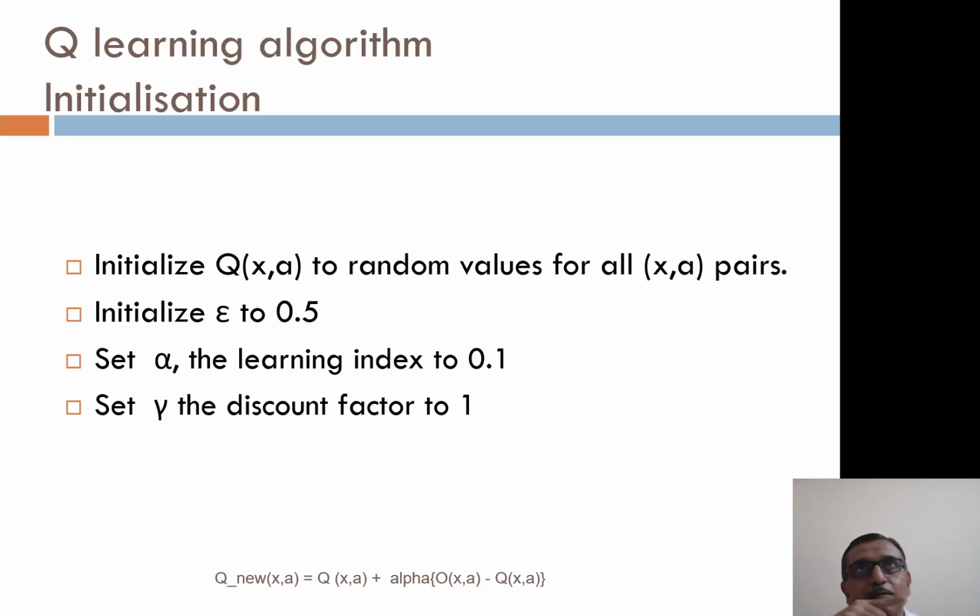We have seen the epsilon greedy algorithm. Set alpha, the learning index, to 0.1. As far as this small example is concerned, we will reach the goal in 15 steps, so the current reward is as important as future reward. So I take the discount factor to be 1.